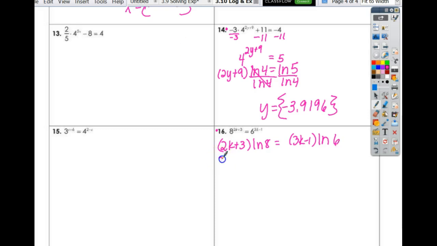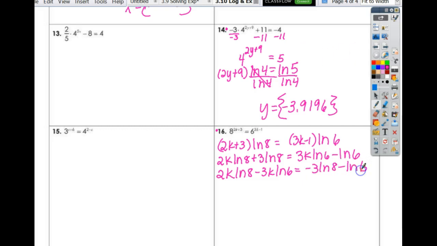I distribute, very good. So I get 2k ln of 8 plus 3 ln of 8. And once I distribute, what do I want to do next? Right. So I want the k's over here and the numbers over here. I'm literally going to flip places. So now I have the k's on one side and the numbers on the other.